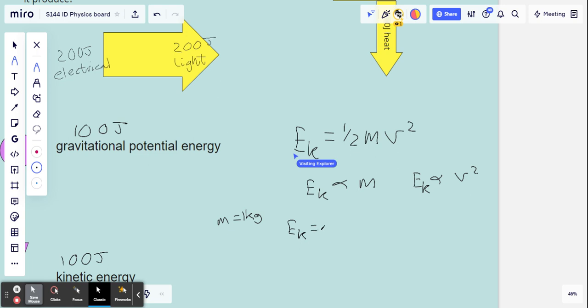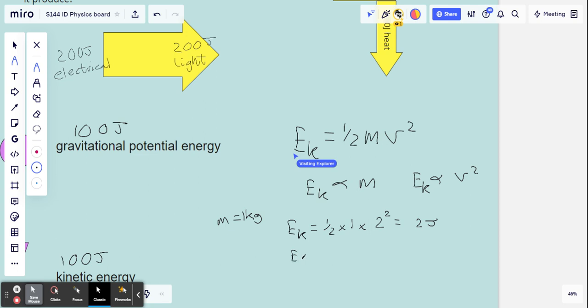So the kinetic energy is equal to a half times 1, and we're going to say the velocity this time is 2 meters per second, so 2 squared. So you can see it's going to be a half times 4, right? 2 squared is 4, so that's going to be 2 joules.